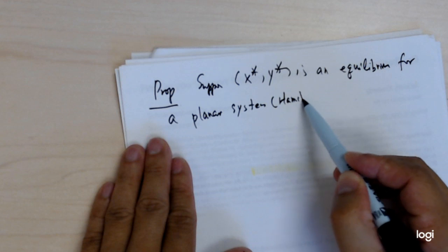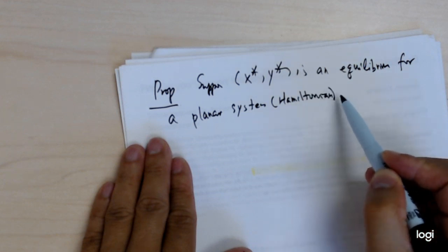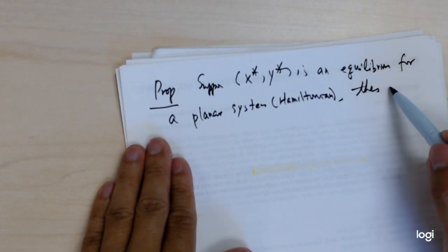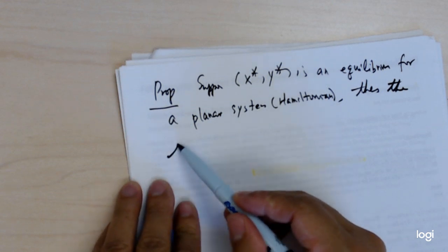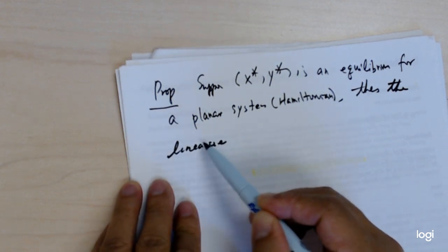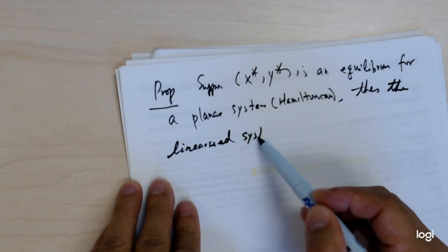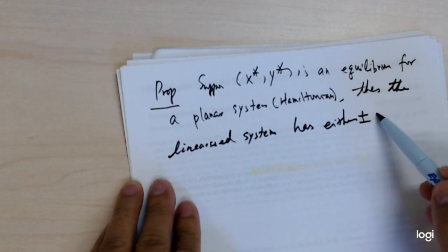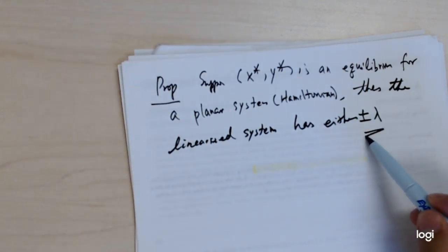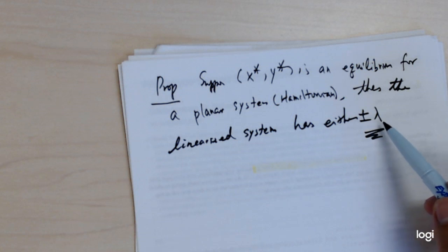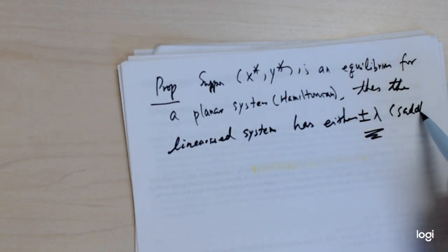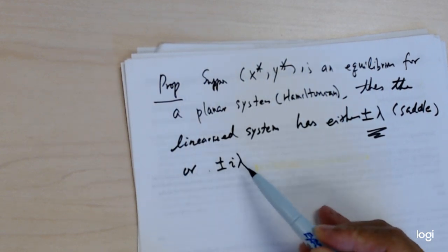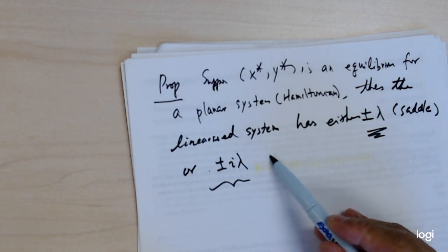Then it turns out the linearized system has either positive or negative lambda, meaning that the equilibrium will be a saddle, or pure imaginary eigenvalues.